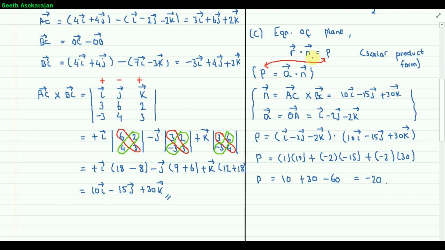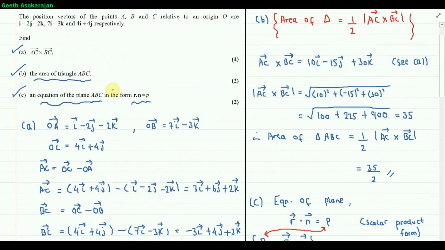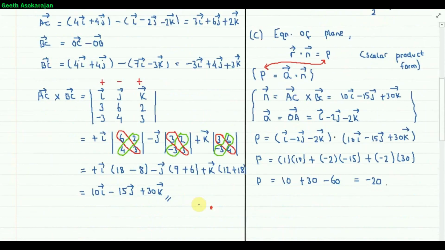And we have the information needed to work out the equation of the plane in this form. So let's substitute.